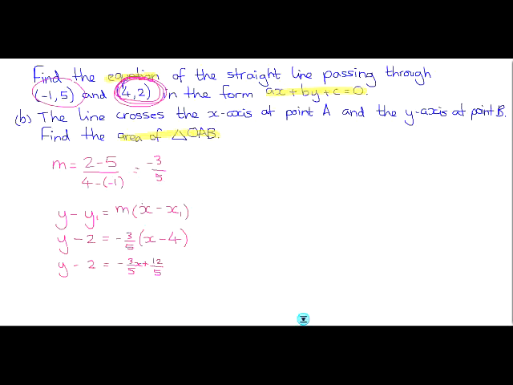Okay, we're going to have to add this 2. So because these are all over 5, let's think of 2 as being this. Because 10 over 5 is 2. So it's going to be minus 3/5 of x plus 10 over 5, so that's going to be 22/5. Okay, so using your fraction knowledge, I'm going to write this, but then I'm going to delete it because I want this space for the next part of the question.